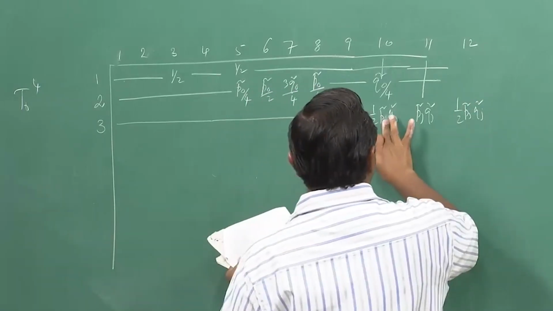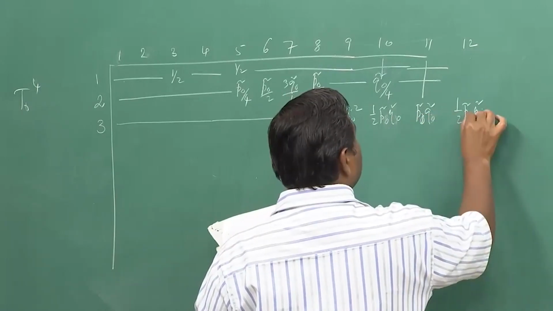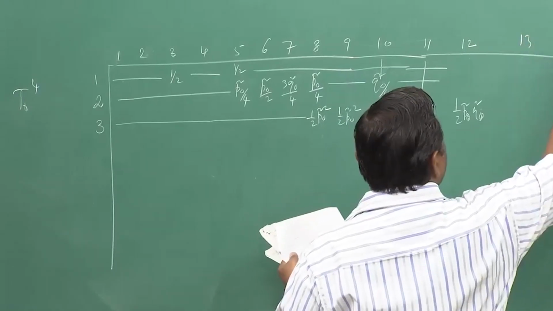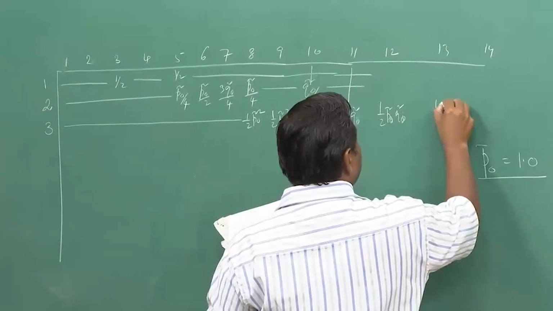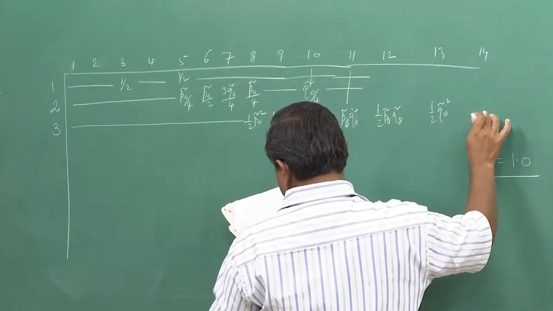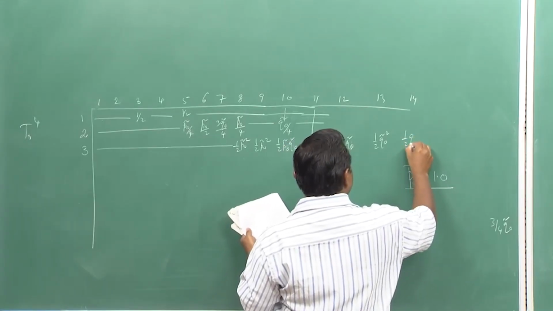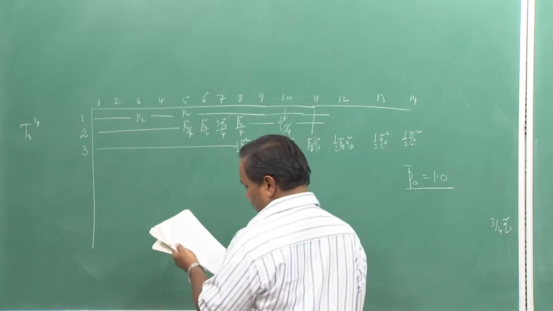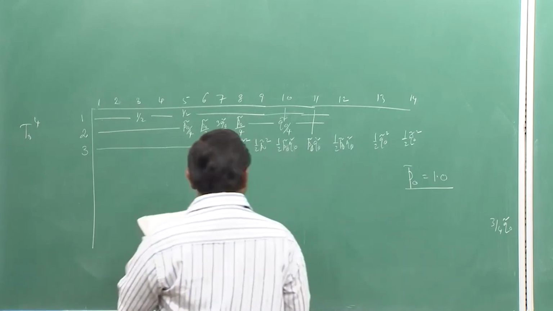In fact, all should be 0, not j. Okay. And then we have 13 and 14. So, this is half qj tilde square, half qj tilde square.